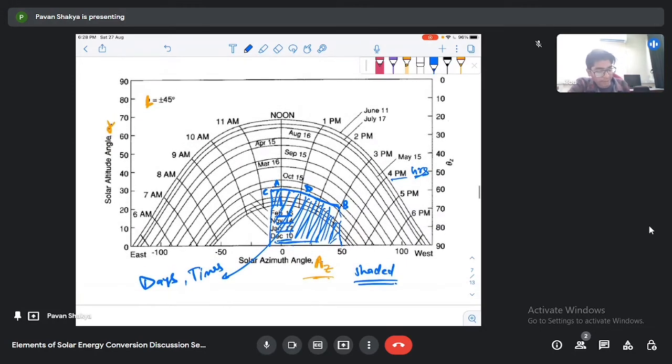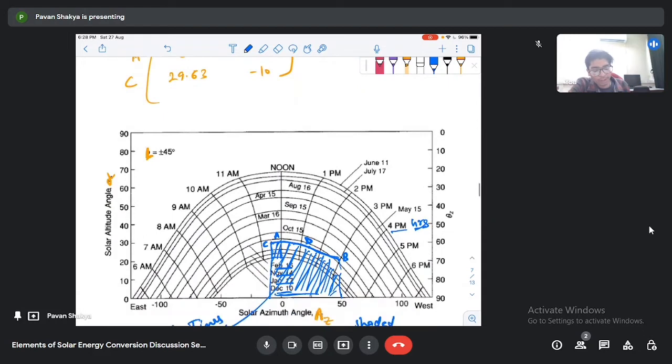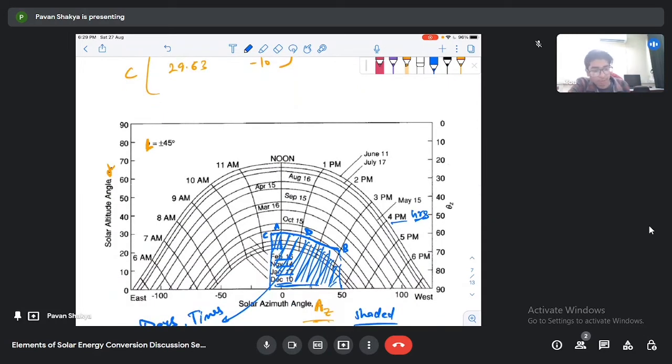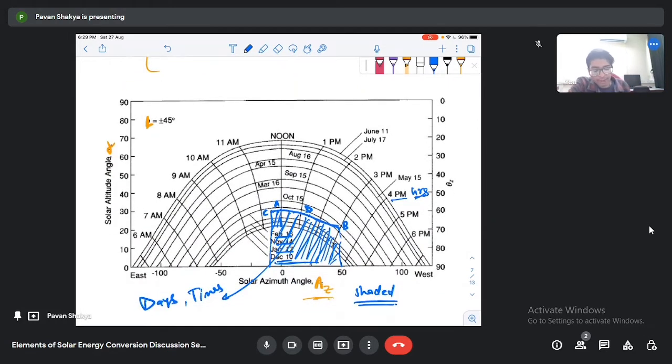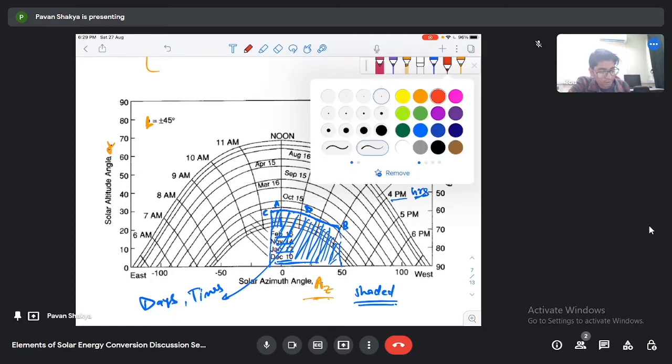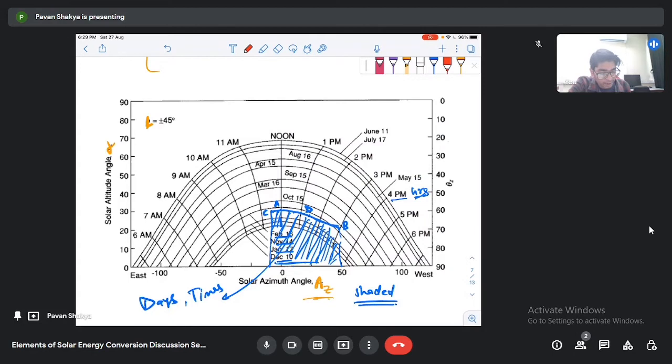Now, I have shown you that I have taken one more point D. What was the purpose of taking this point D? Let's say your domain is larger, and you are taking very few points, then what will happen? Suppose your A point comes here and your B point comes here, and you have taken only 2 points in a direction, then you don't know the curvature of this curve.